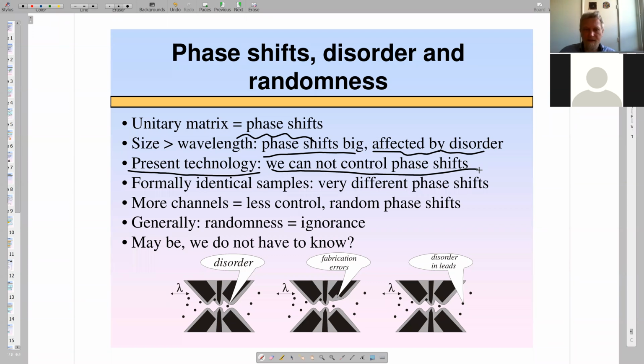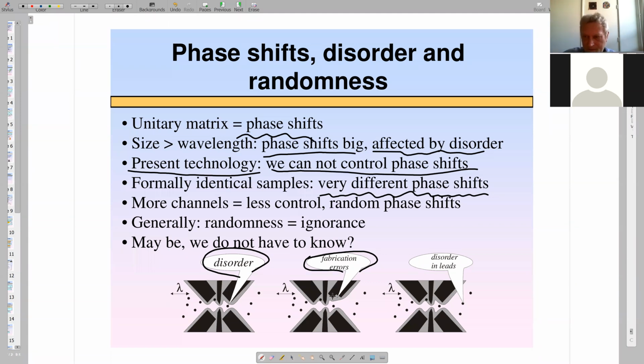If we try to make formally identical samples, taking the same prescription, the same mask, going to the lab and repeating nanofabrication again, most likely they will have very different phase shifts. I have a little drawing to understand why this happens. There is a disorder in the nanostructure which one cannot control. There are fabrication errors in the course of fabrication. So, for instance, this gate didn't quite work.